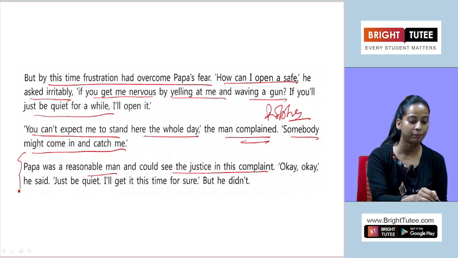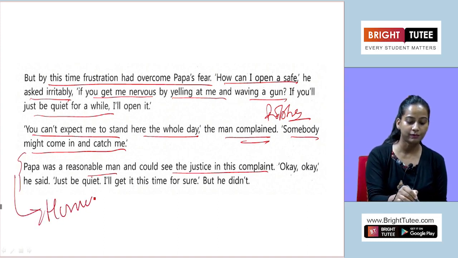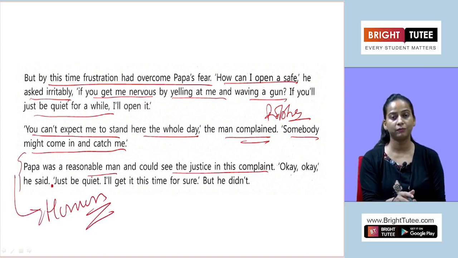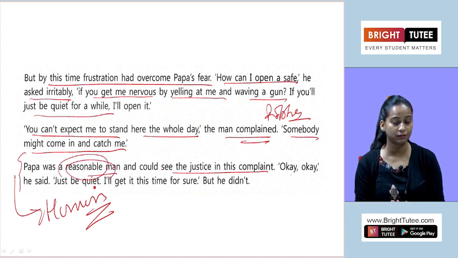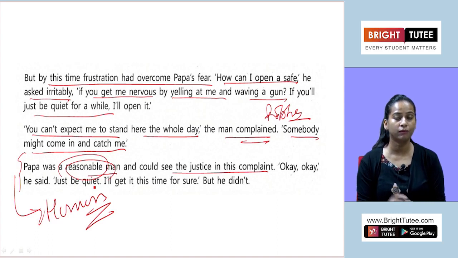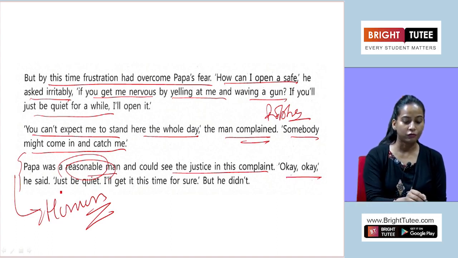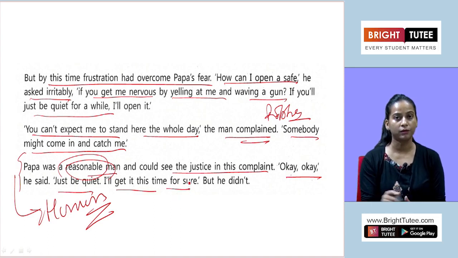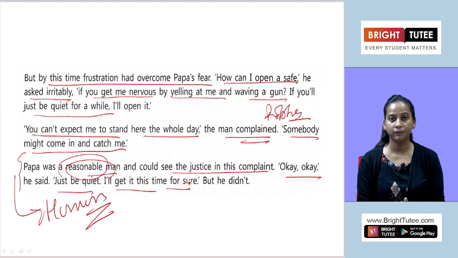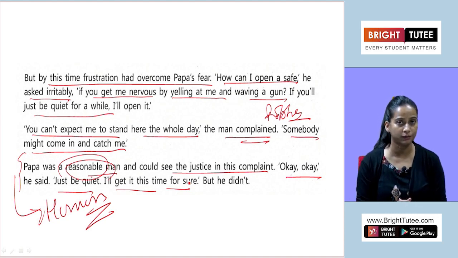Again, we can see the impact of the humor here: the narrator mentions that he was a very reasonable man who understood it would be wrong if somebody came and caught him. He said, okay, just be quiet, I will get it this time for sure. He assured the man that this time he would definitely open the safe.